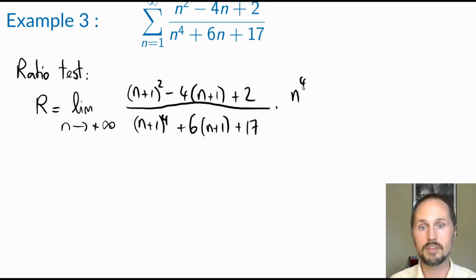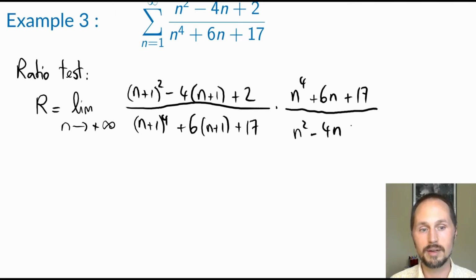So that's going to give us n to the fourth plus 6n plus 17, divided by n squared minus 4n plus 2. Maybe I should put some brackets in here just to make it clear what's going on.